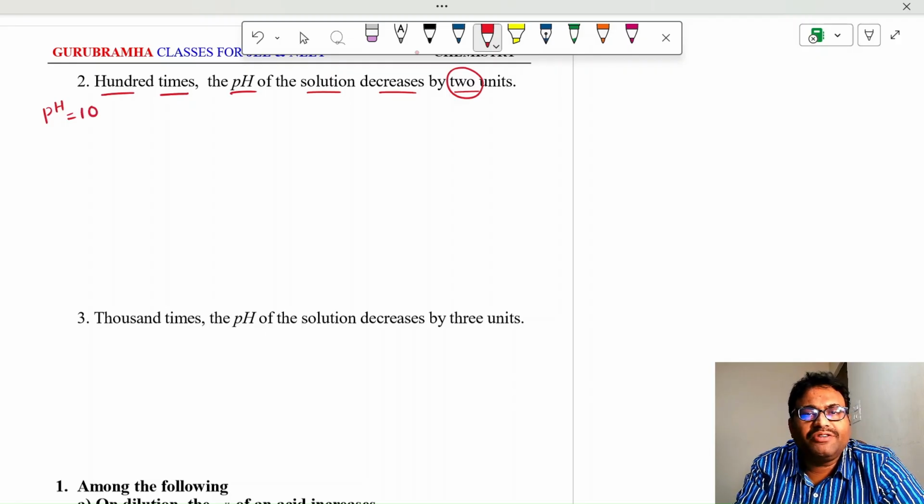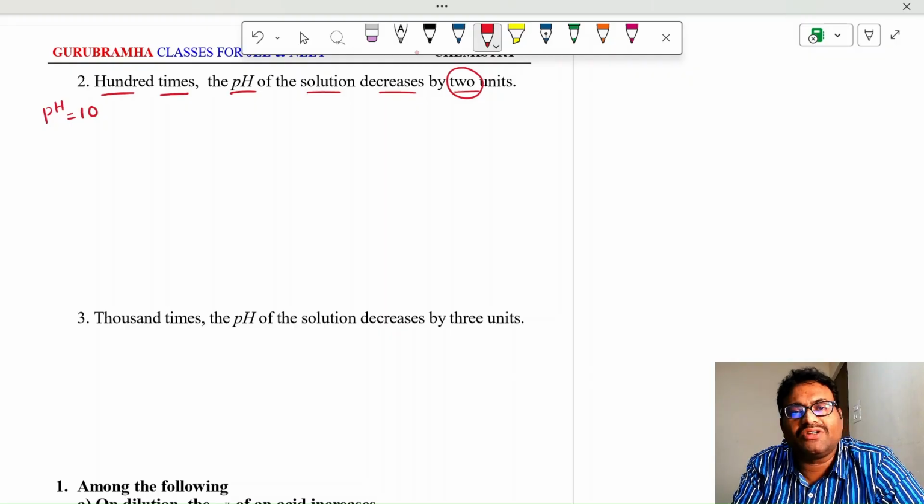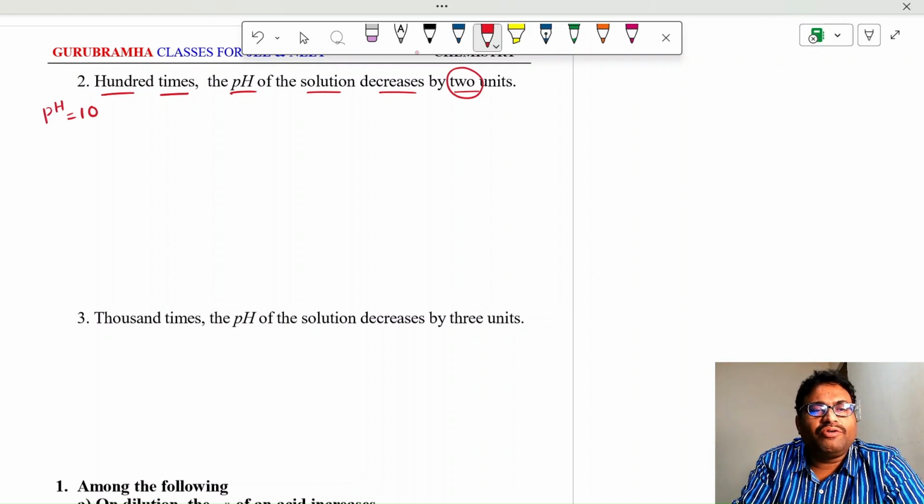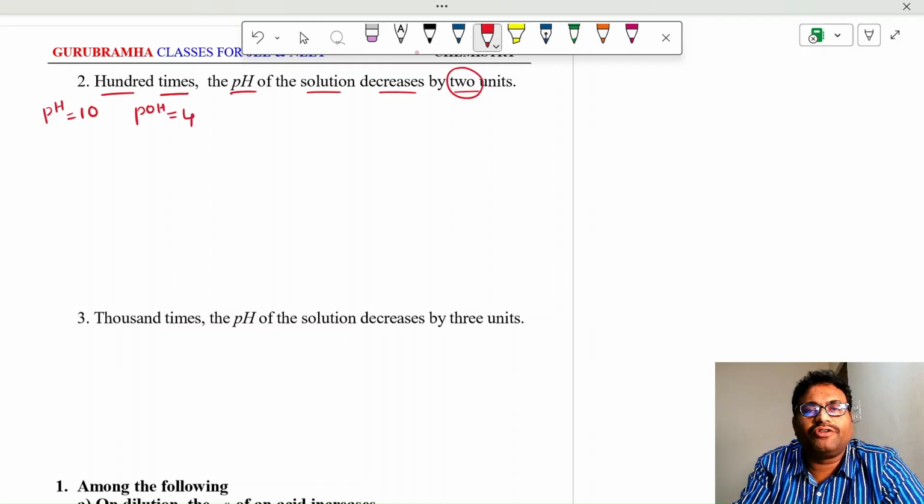When pH is equal to 10, that is a basic solution. If a solution has pH greater than 7, then it will be a basic solution. Now, what will be pOH for this corresponding pH? That will be 4. And what will be the OH minus ion concentration for this pOH? That will be equal to 10 power minus 4 moles per liter.